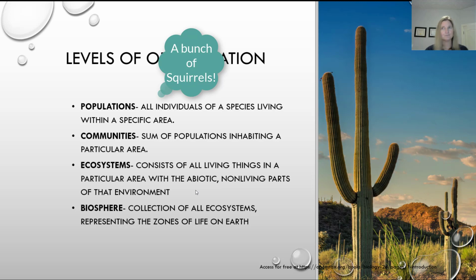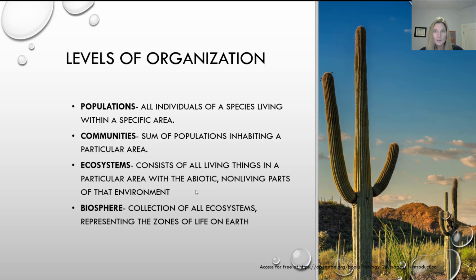The eastern gray squirrel is an individual, but there are multiple eastern gray squirrels living in, for example, my backyard, okay? They're all the same species, and they're all living in the same area at the same time. So that would be considered a population.